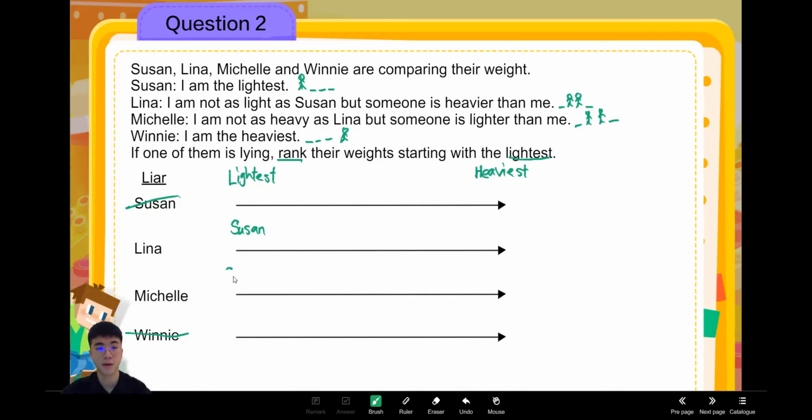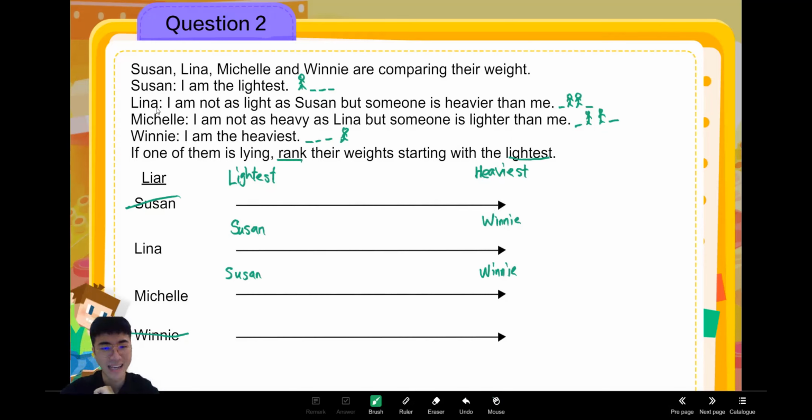So Susan, no matter what, will be the lightest. So we have 2 based on these 2 scenarios. And Winnie is always the heaviest. Now let's move to the scenario where Lina is lying.